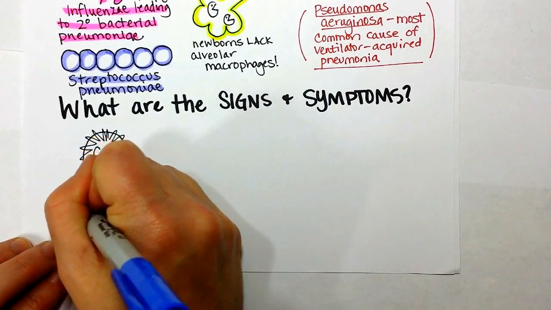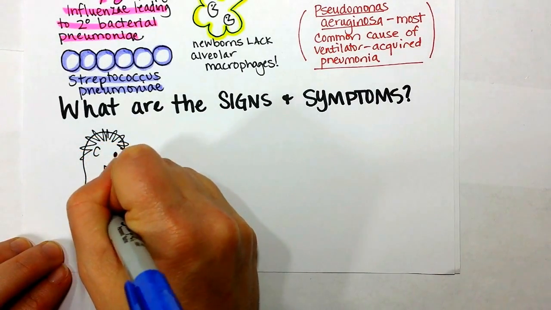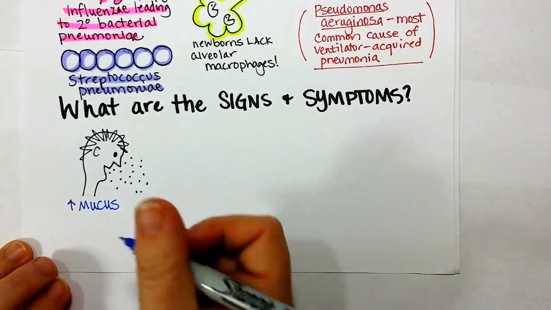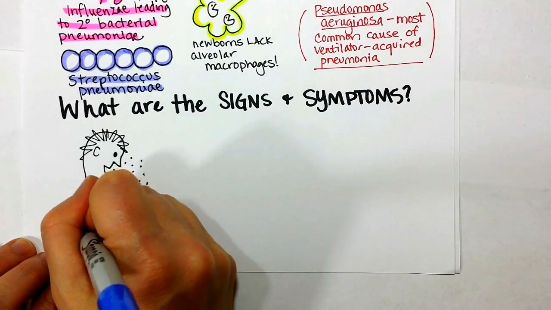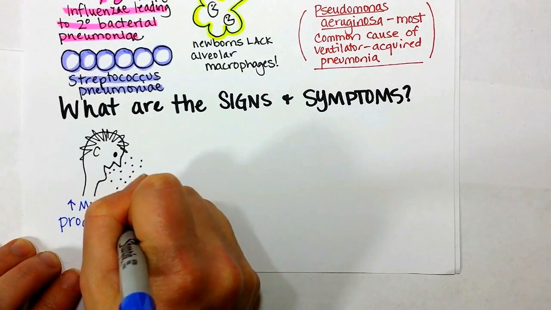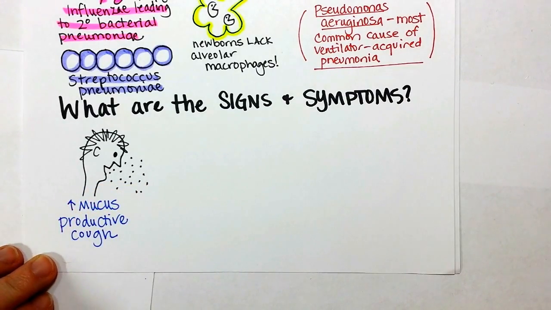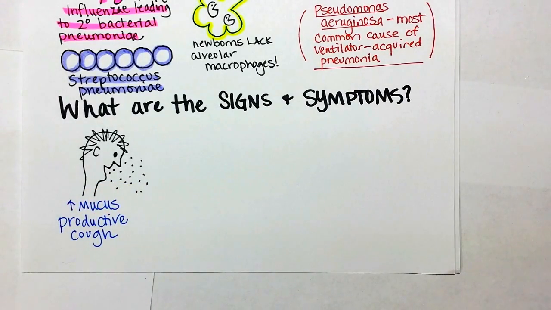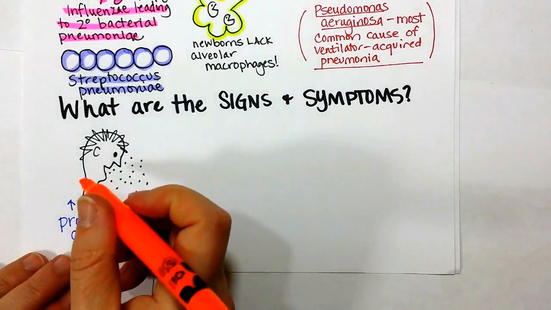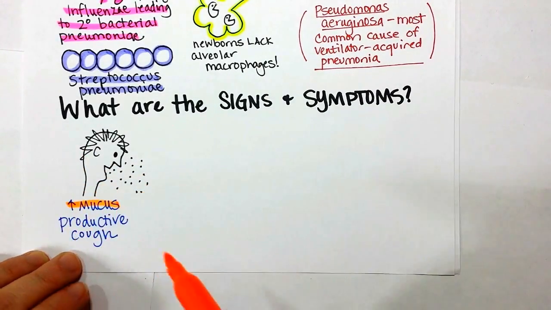They're going to have an increase in mucus because of the inflammation in the lungs, and they will produce phlegm. So that's one symptom, an increase in lung mucus.